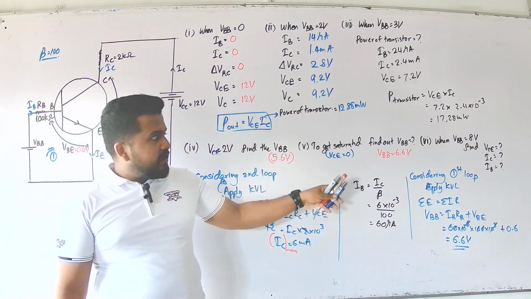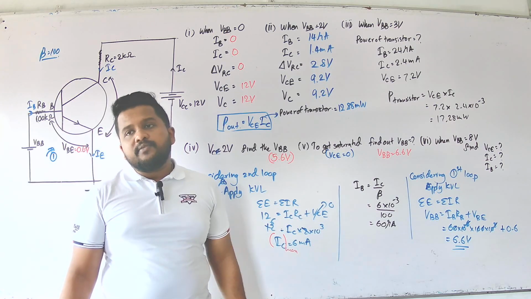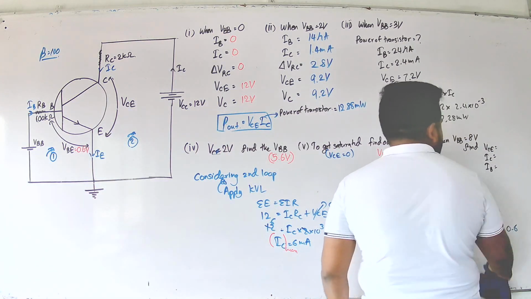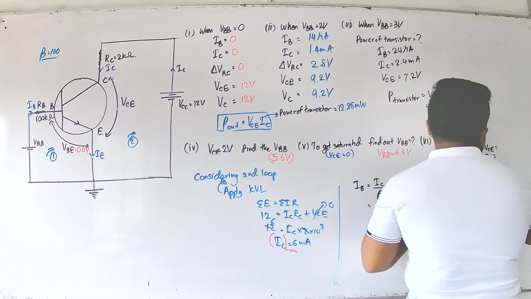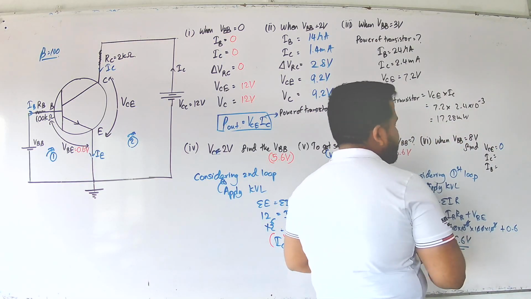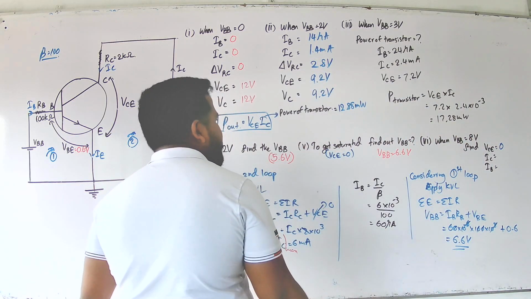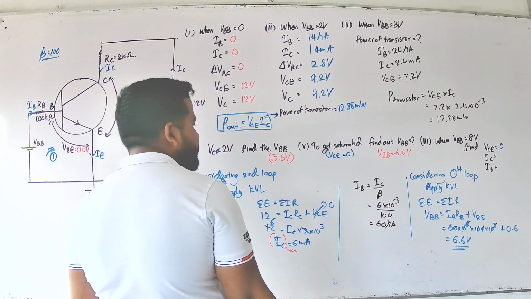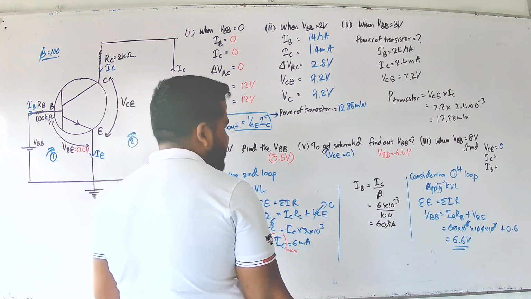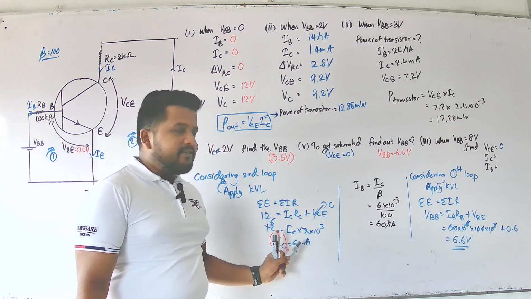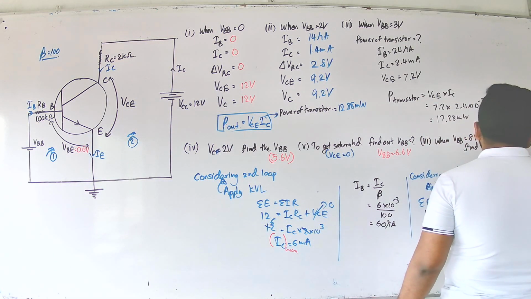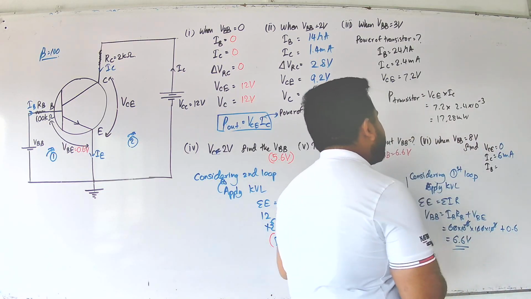The real thing is it is saturated, VCE remains 0. After saturation, it cannot be negative. IC equals 6 milliamp. Saturated.